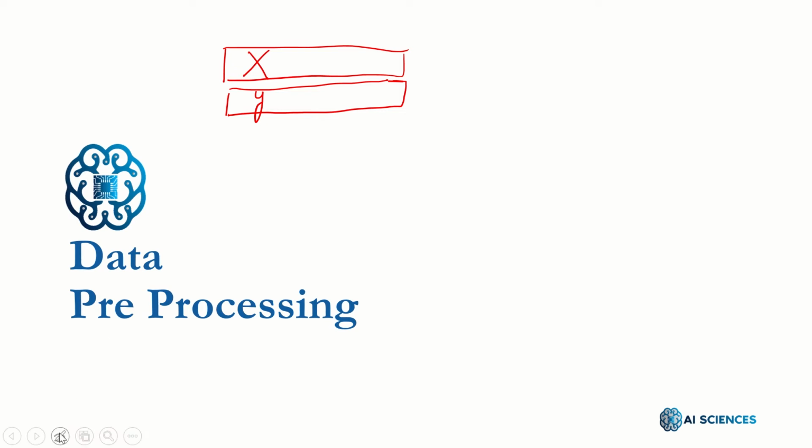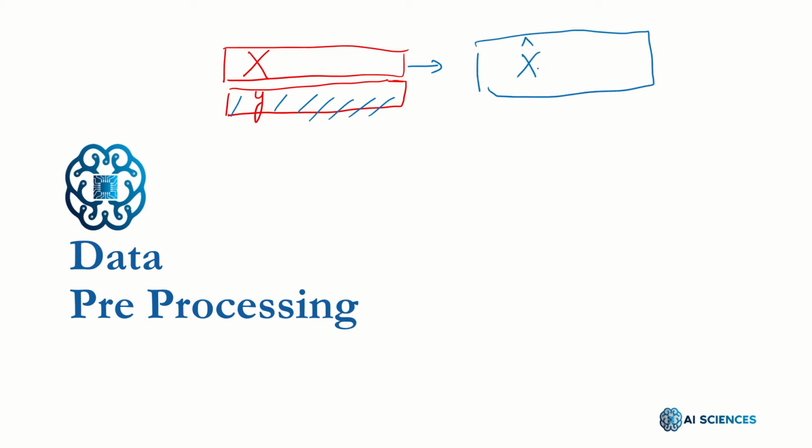Normally the targets are, in most cases, not pre-processed, although in some cases the targets are also scaled. But let's say we scale the whole data X as X hat, which is some normalized version, where all the features have zero mean and unit variance, or maybe they are whitened through PCA or a whitening transform or something like that. Some pre-processing, some scaling, some normalization has happened.